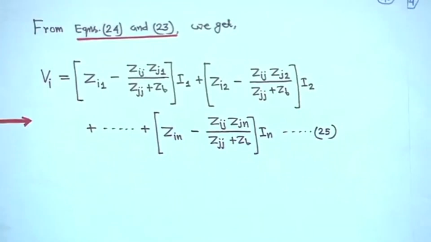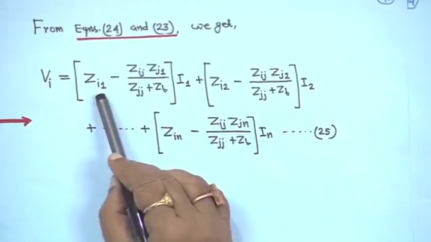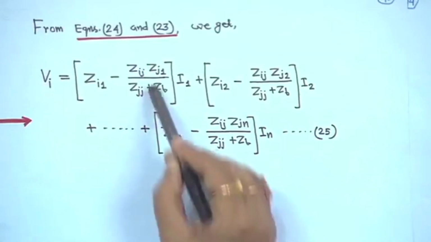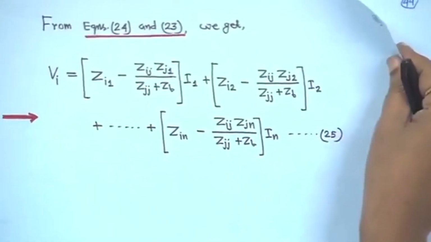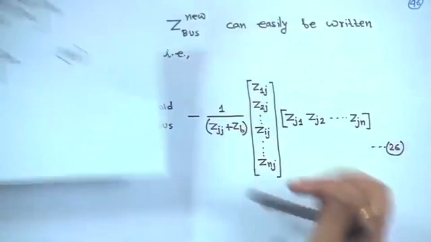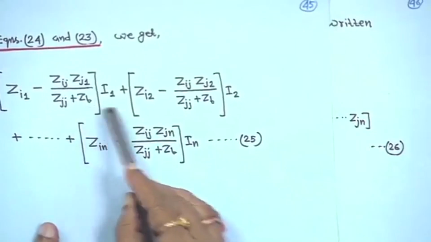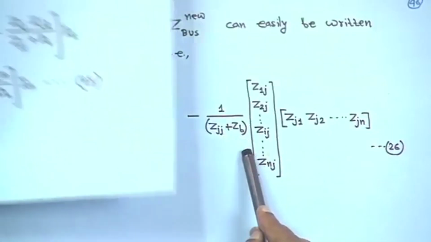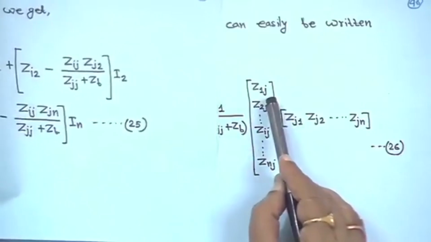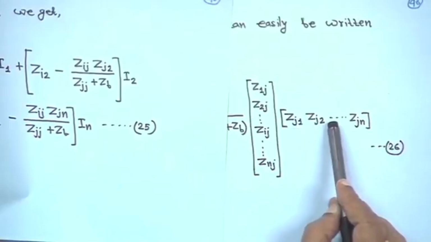By inspection, Zi1, Zi2 are basically elements of the old Z bus, and these are the changes. If you put them in matrix form, then Z bus new will become Z bus old minus 1 upon Zjj plus Zb, times the product of the column Z1j, Z2j up to Zij, up to Znj, and the row Zj1, Zj2 up to Zjn.